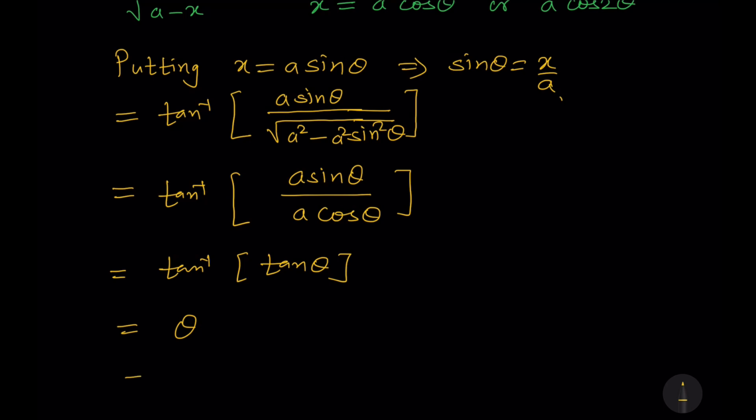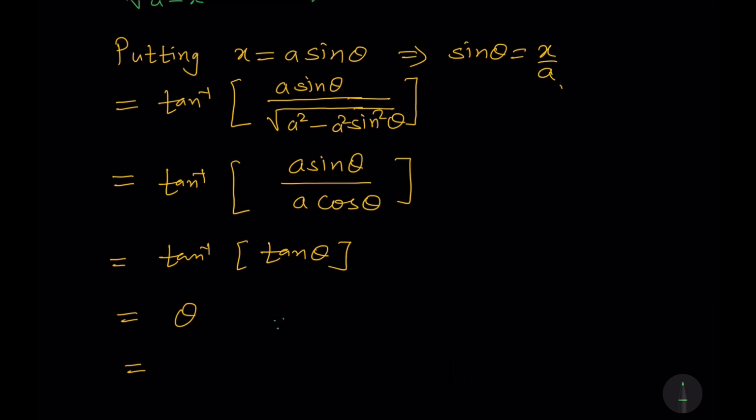But what is theta here? Your final answer should be in terms of x and a, because these are the only variables given to us. We have introduced theta here by substituting x as a sine theta. So your final answer, you don't leave it as theta, convert it in terms of a and x. Since sine theta is x upon a, therefore theta is equal to sine inverse of x by a.